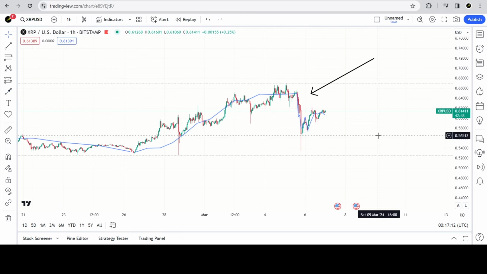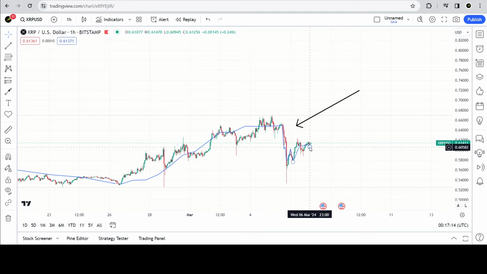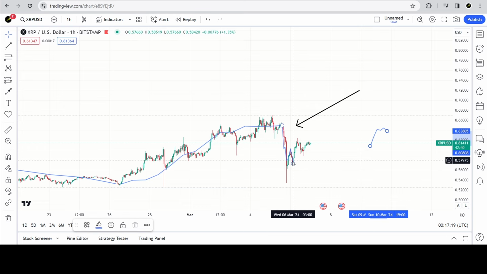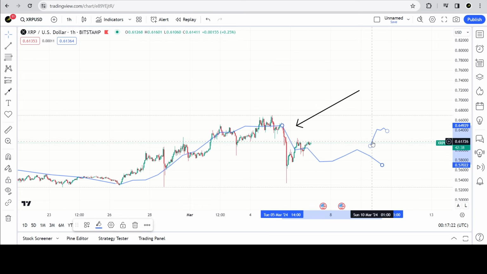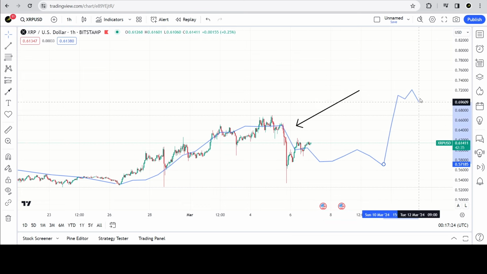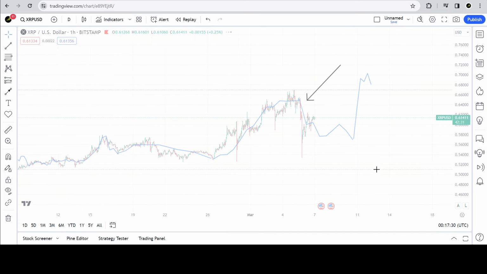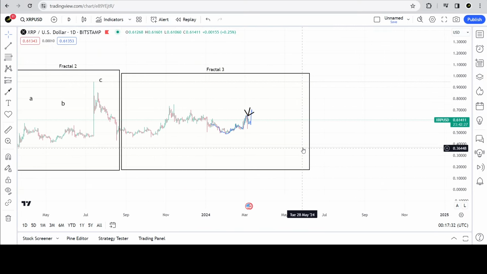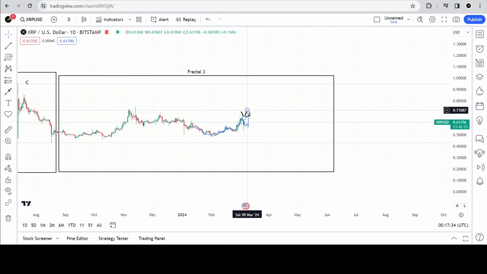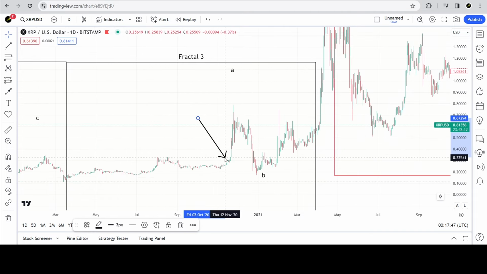What I don't want to see, if I am rooting for the great fakeout, is something like this that takes its jolly time to complete, and it becomes visible on a day candle to where we all can see, hey, this is a substantial correction. It's not this by any means. It's much larger.